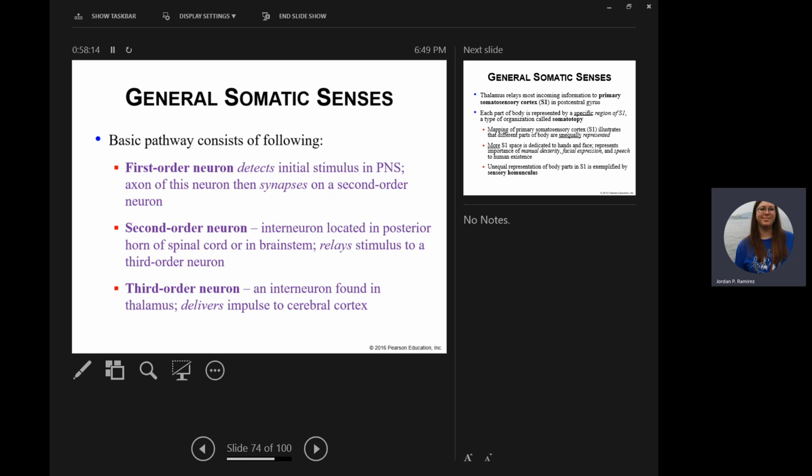The second order neurons are usually interneurons, which are located in the posterior horn of the spinal cord or the brainstem. It relays the stimulus to the third order neuron. The third order neuron is an interneuron, which is found in the thalamus. This will deliver the impulse to the cerebral cortex, again with the exclusion of smell.